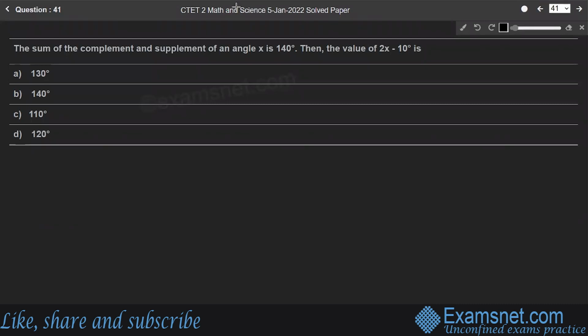Question number 41. The sum of the complement and supplement of an angle x is 140 degrees. Then the value of 2x minus 10 degrees is. So here, the complementary angle of x is 90 minus x.